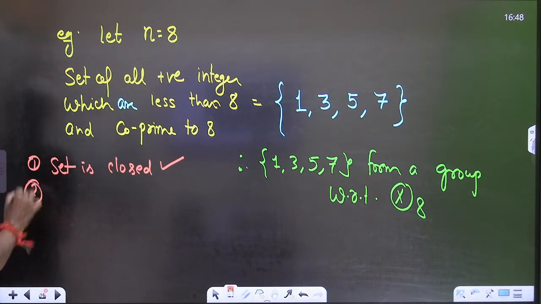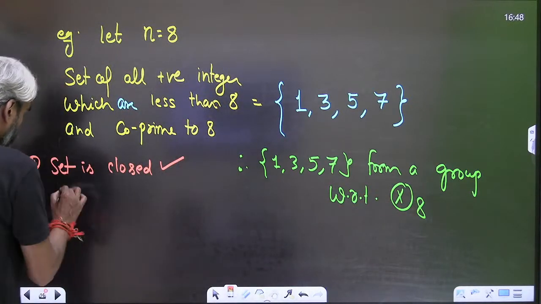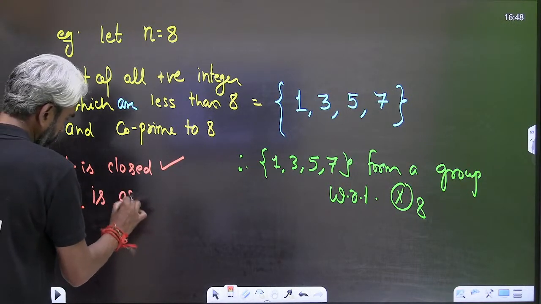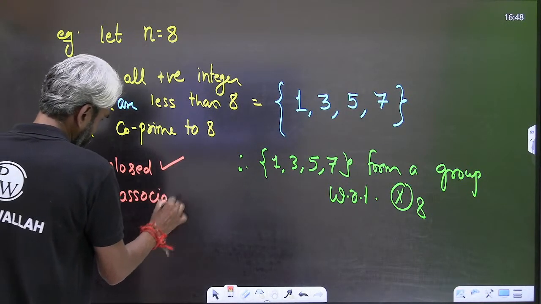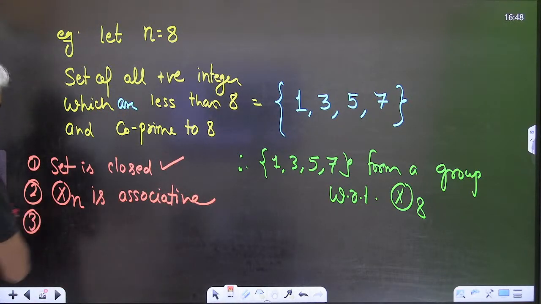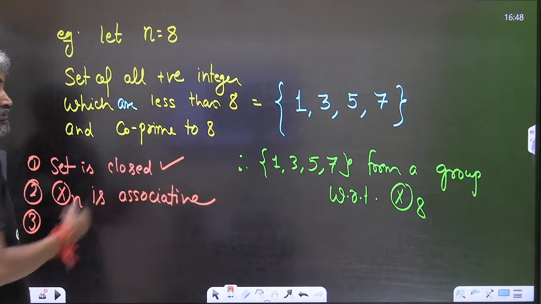Multiplication is associative, therefore multiplication modulo n is associative. Third one, the identity element with respect to multiplication modulo n will be what?